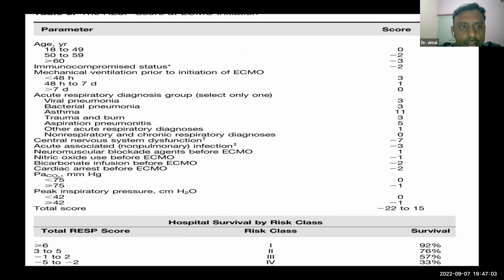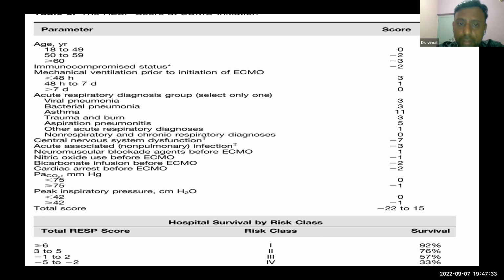It's an amalgamation of various strategies, which includes age, immunocompromised patients, mechanical ventilation, ARDS patients, CNS dysfunction, and associated infections, neuromuscular blockade before ECMO. So this is an amalgamation of various other factors that they take into consideration.